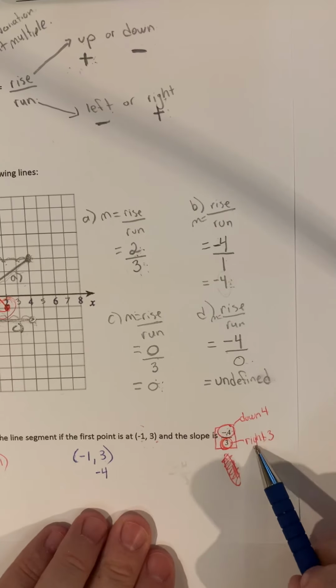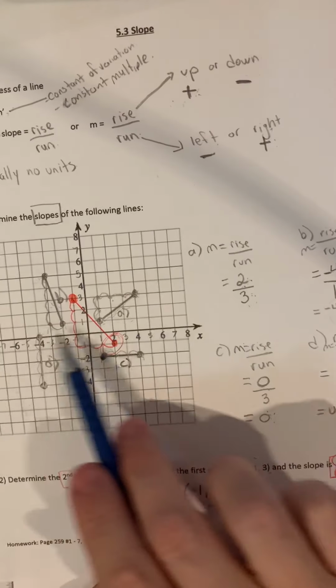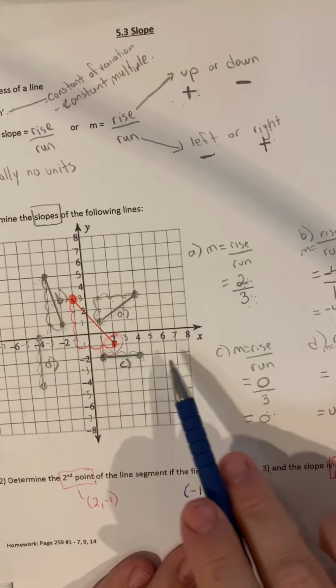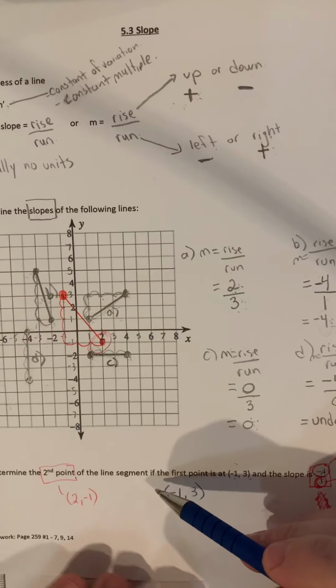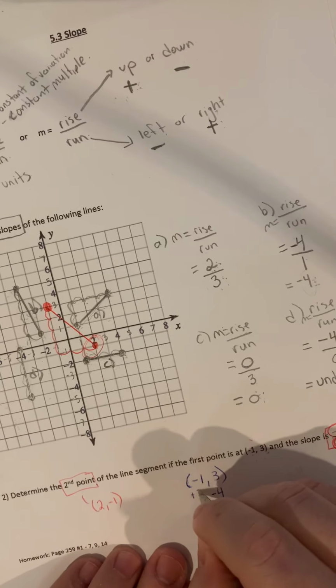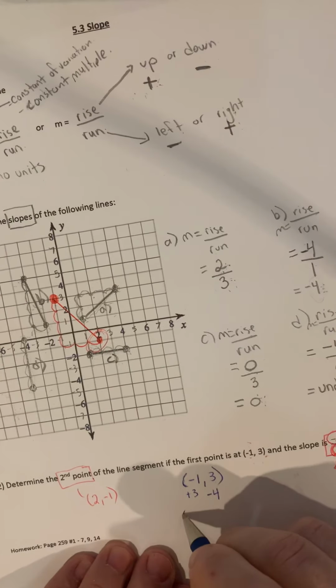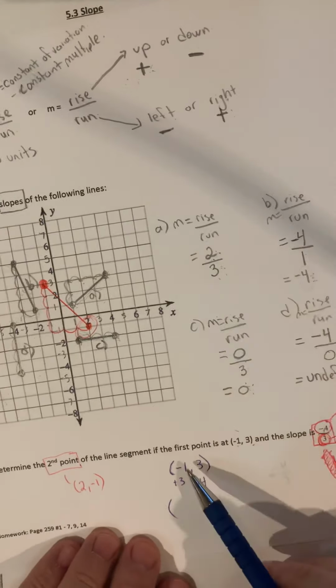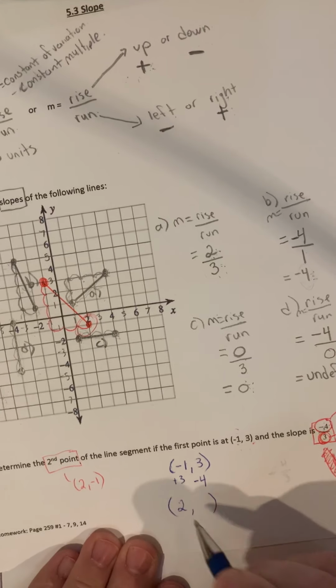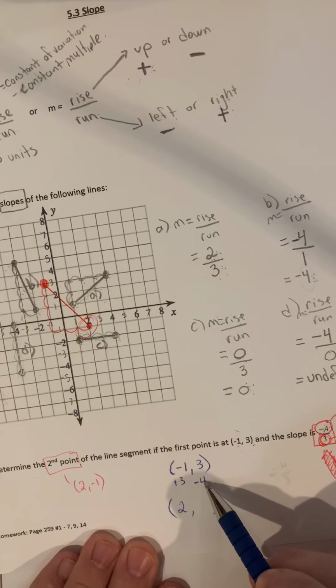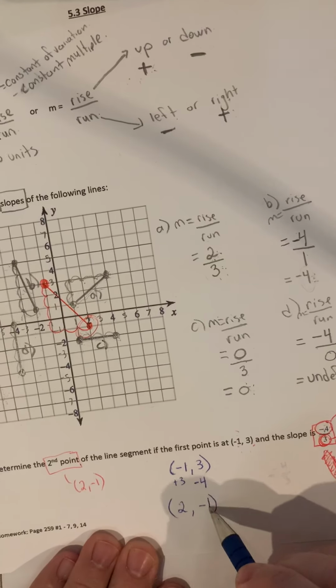And then if you go right 3, going right or left is going along the x-axis. So you're going to add 3 to the x value. So plus 3. If I do that, -1 plus 3 is 2, and 3 minus 4 is -1.